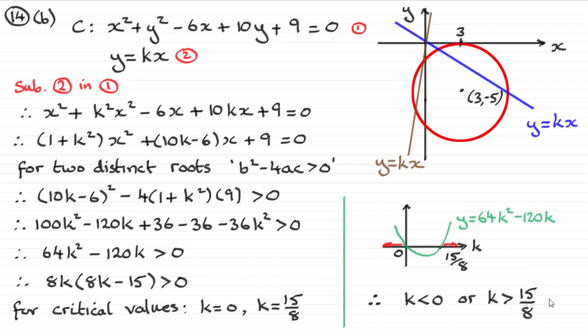And that's giving us our two ranges of k. You can see that k being less than 0 would be for lines that are having a negative gradient, like this blue line here, and for values of k greater than 15/8, a positive gradient, they'll be represented by this brown line here. Okay?